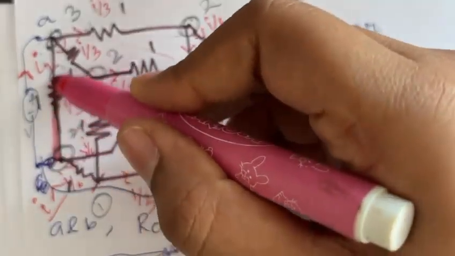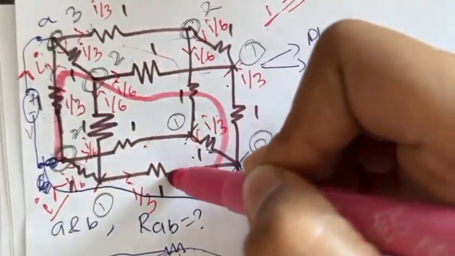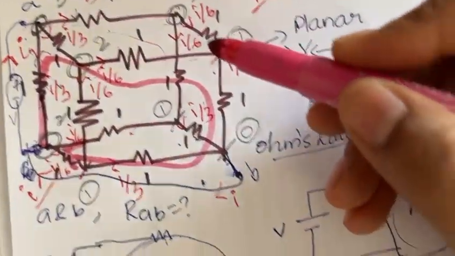Now let me apply KVL in this path. You can apply it in any path and you'll get the same answer.